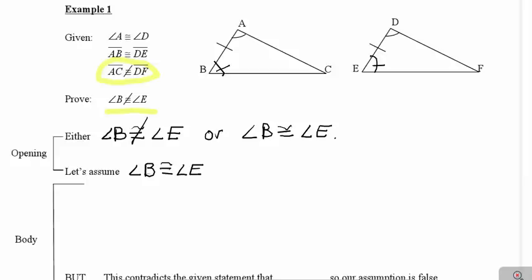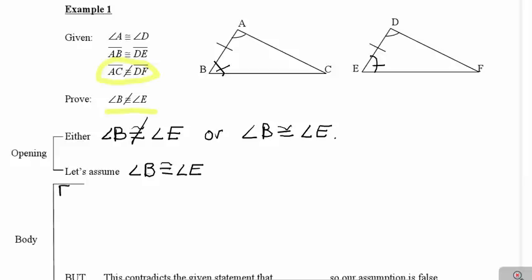And then this is where we kind of begin the paragraph proof from here. We want to try to contradict one of the givens, and typically it's always the one that's not congruent. So somehow we want to eventually get segment AC to be congruent to segment DF, because that would contradict a given fact. So we know these two givens, so I always copy the givens that are congruent.